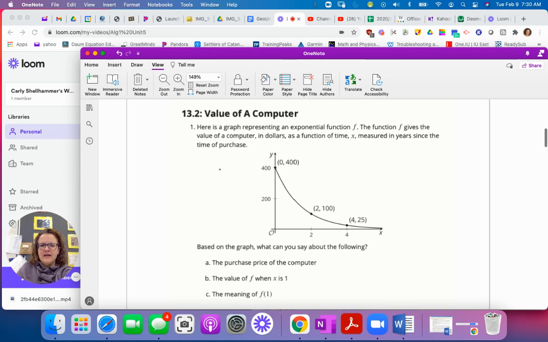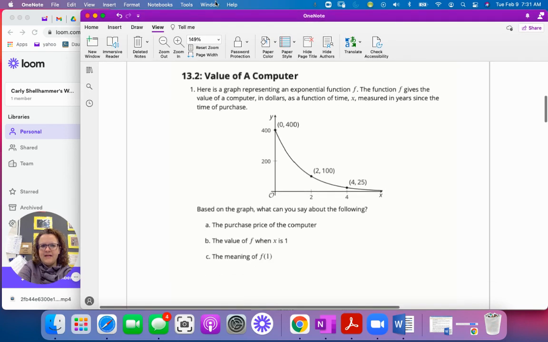All right, value of a computer. Here's a graph representing an exponential function, f. The function f gives the value of a computer in dollars as a function of time, x, measured in years since the time of purchase. Okay, so 400 all the way down.